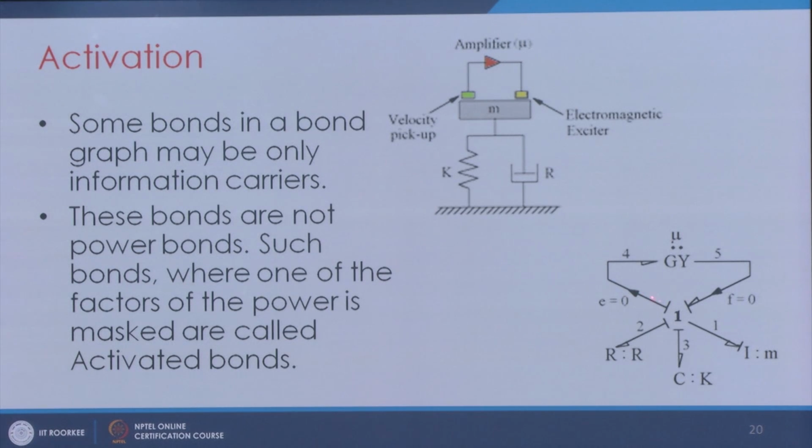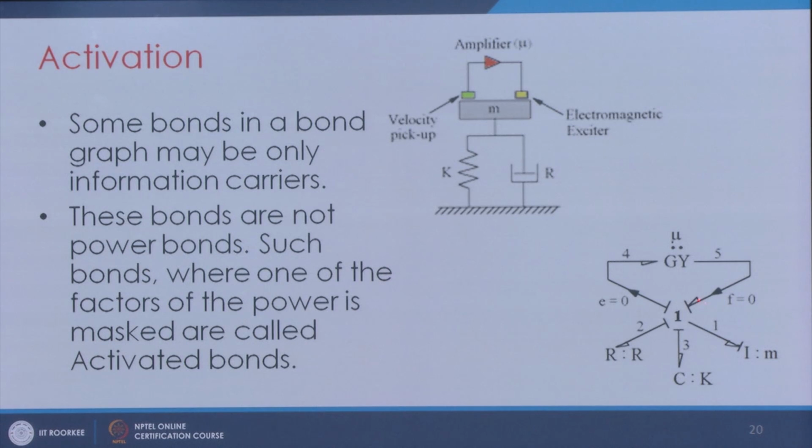So, here you can see that effort is 0 on this bond. So, this is carrying the flow only, and then we amplify, and that amplification is represented by putting the modulus of the gyrator as mu, and then it is applying a force here.